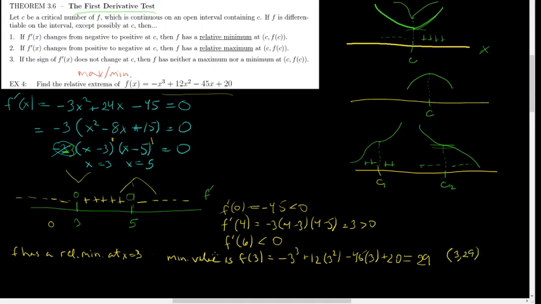Okay. What about the maximum? Again, by the first derivative test, x equals 5 gives you a relative maximum. So f has a relative maximum, forgive the sloppiness, at x equals 5. And what's the maximum value? So we plug 5 into the original function.